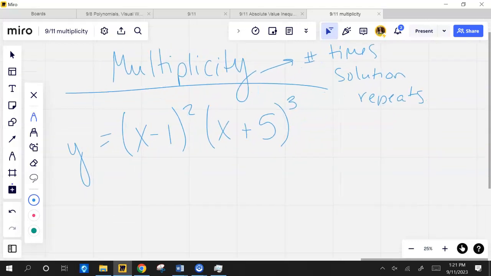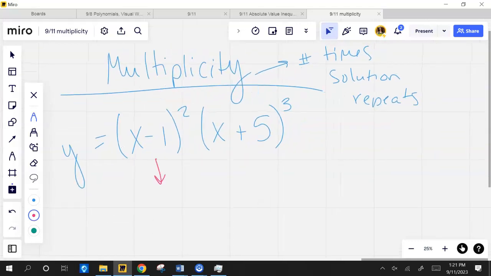In other words, looking at something like this, what's that zero there? 1. And it has a multiplicity of 2. Whereas this solution is what? -5, and what does it have a multiplicity of? 3.